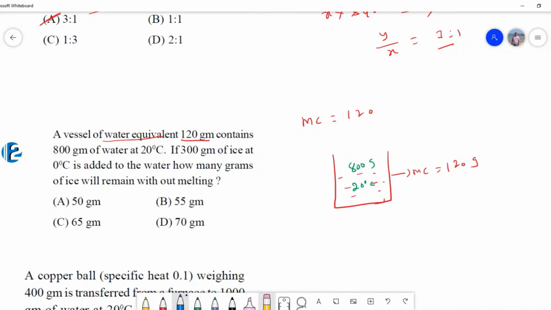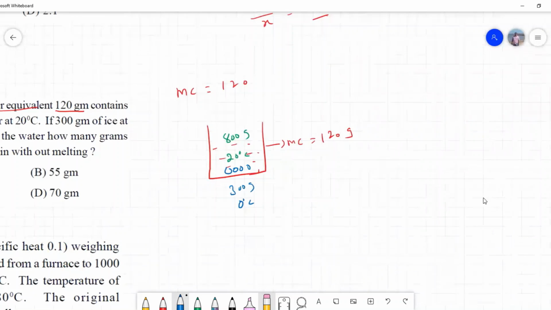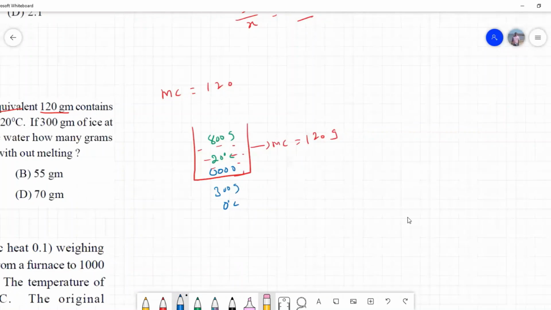Now to this we are adding 300 grams of ice. See, there is 300 grams of ice at 0 degree centigrade added. How many grams of ice will remain without melting? That means when the ice is remaining, the resultant temperature is 0.